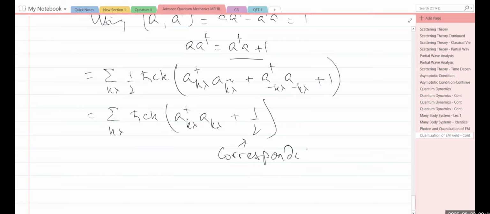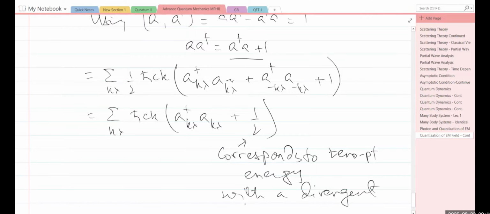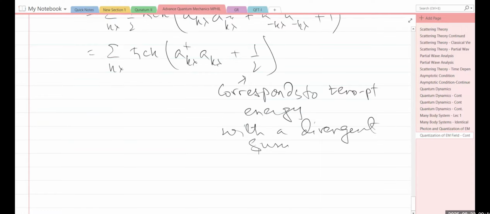Corresponding to zero point energy with a divergent sum. So we can always remove this divergent sum, because otherwise it would result in a Hamiltonian which would be divergent or infinite. But nevertheless, for now we keep it.